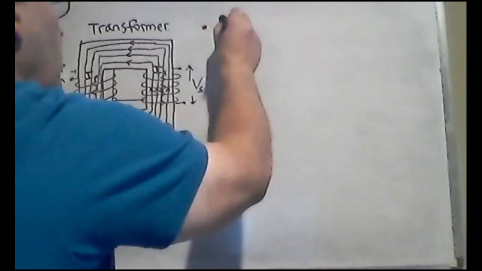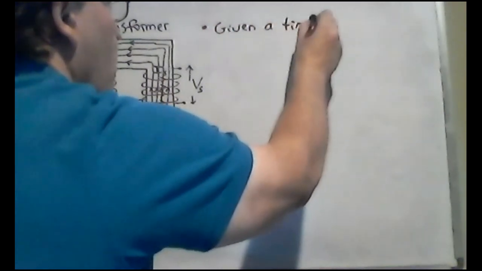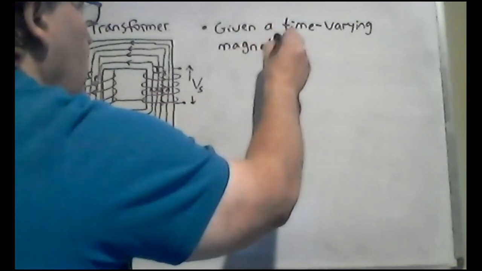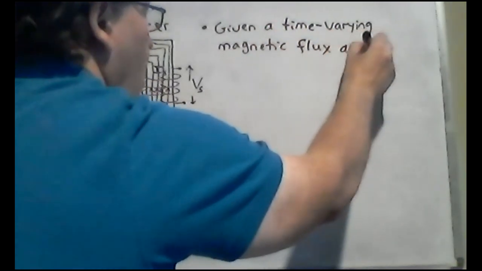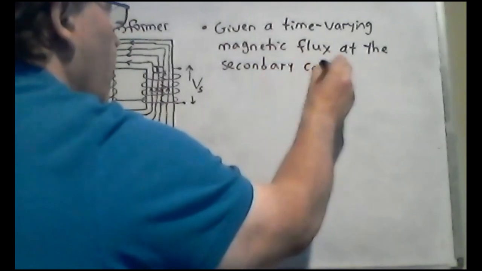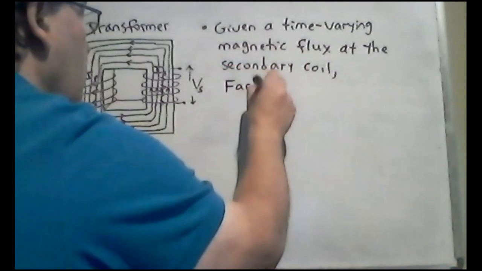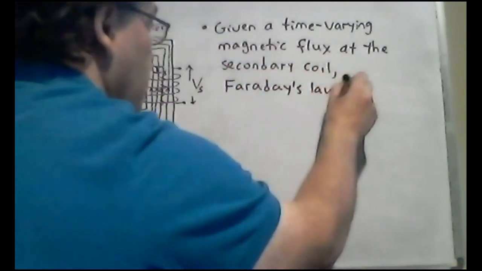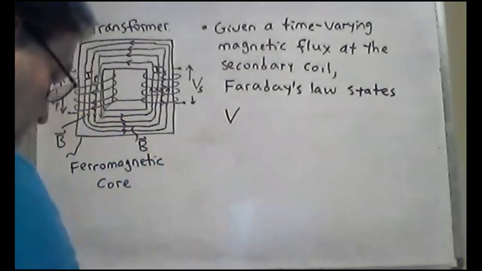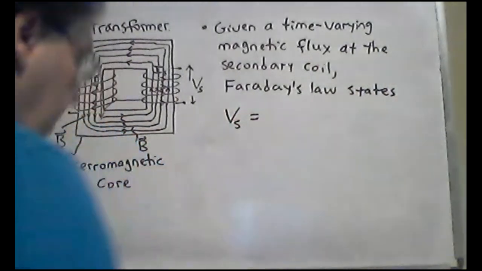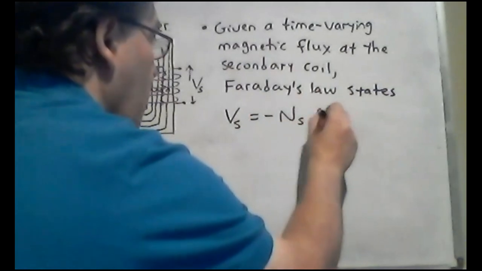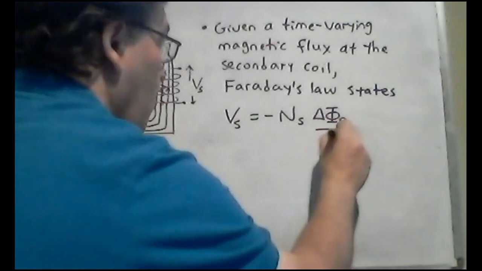Given a time varying magnetic flux at the secondary coil, Faraday's law states that the voltage across that coil, V sub S, is equal to negative N sub S times delta phi sub B with respect to time.